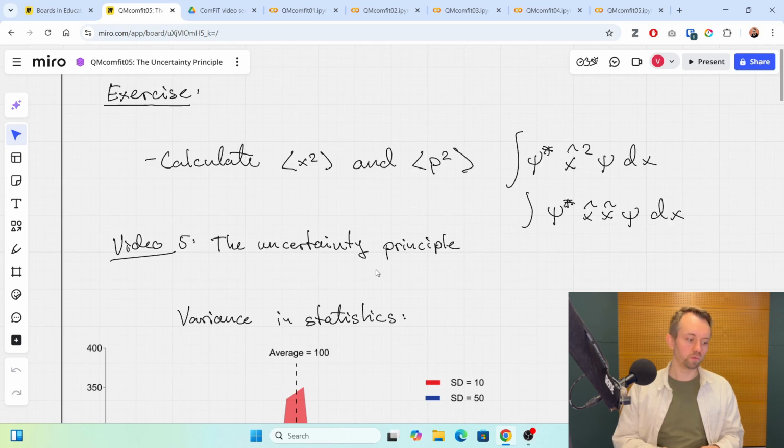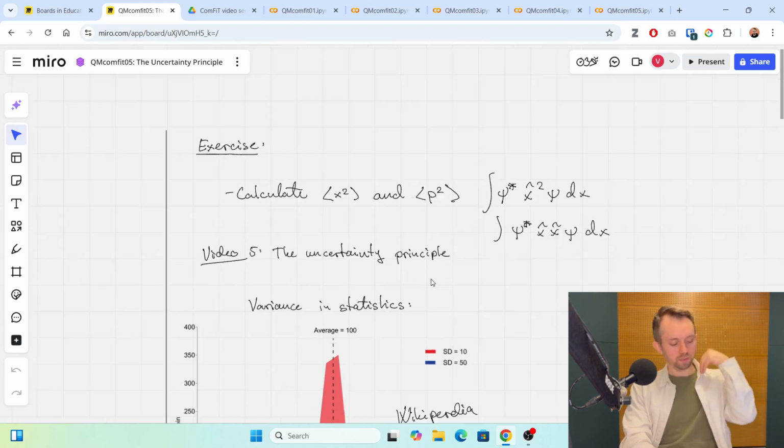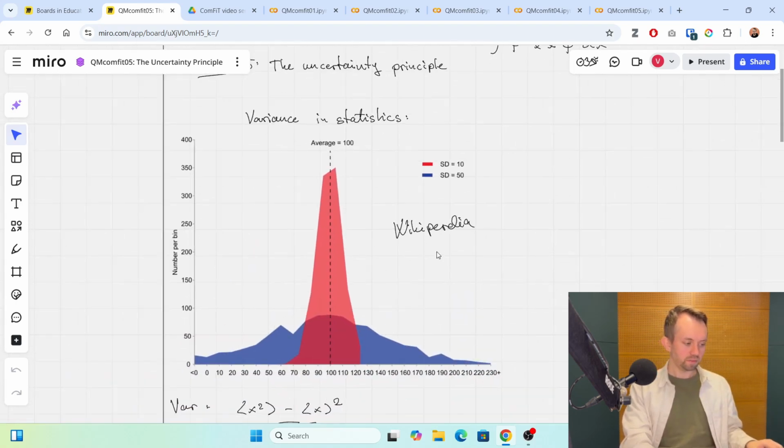So the topic of this episode is to look at the uncertainty principle. In order to understand the uncertainty principle, we need to understand what variance is. In statistics, and this image is taken from Wikipedia, the variance is how spread out a distribution is.